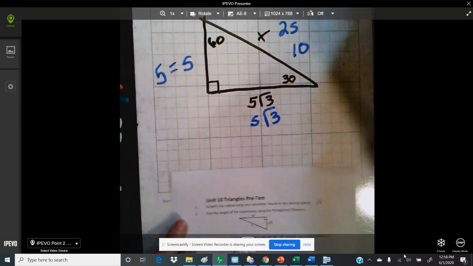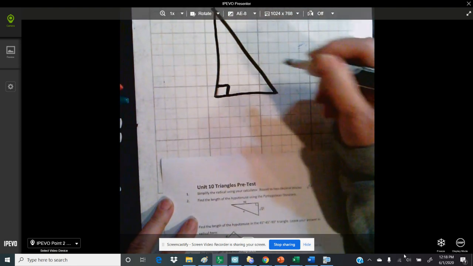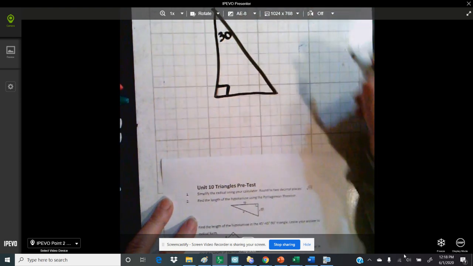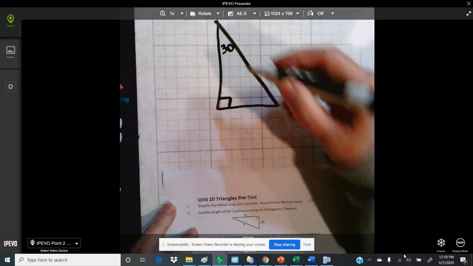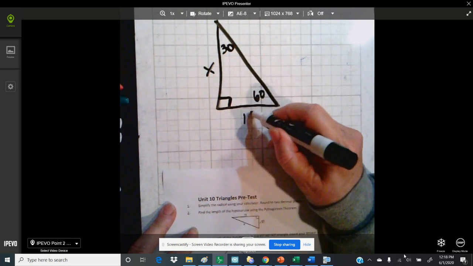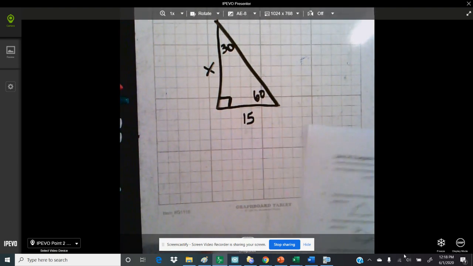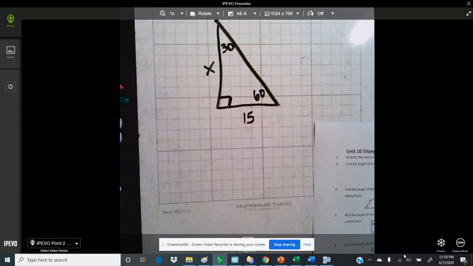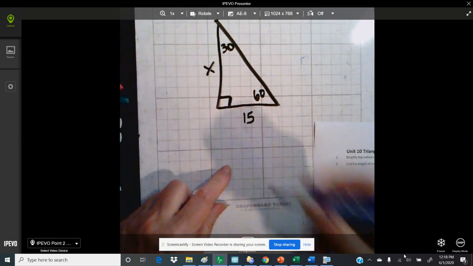And number 5 is a little trickier. They give you this here. And they tell you this here is 30 degrees. And they tell you this one here is 60. And, oh, maybe it's not really that tricky here. So if you, again, think about what they give you across from the 30 is the short side.